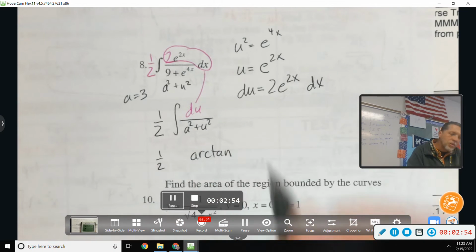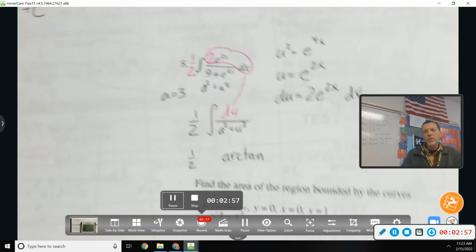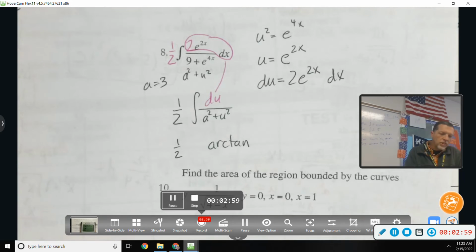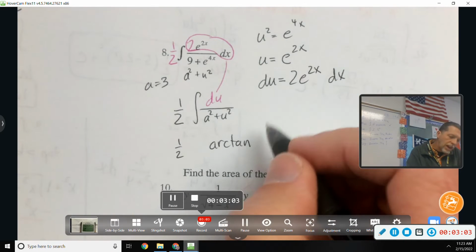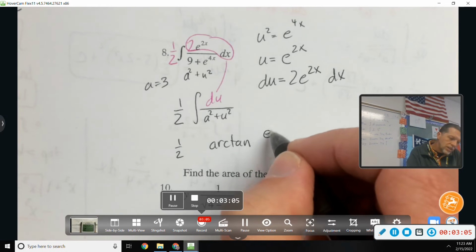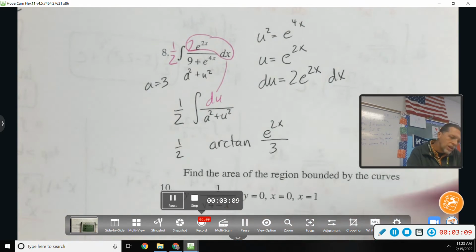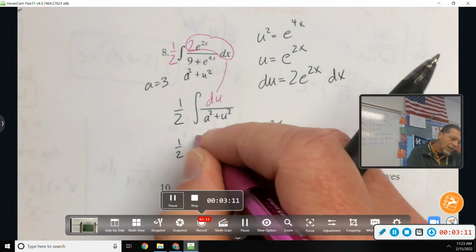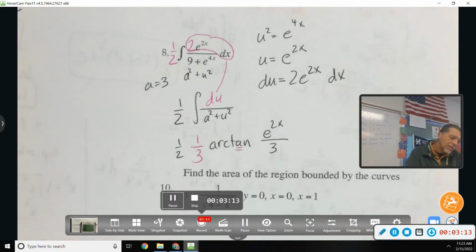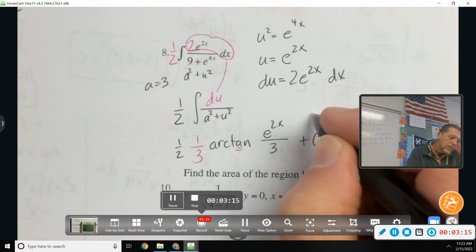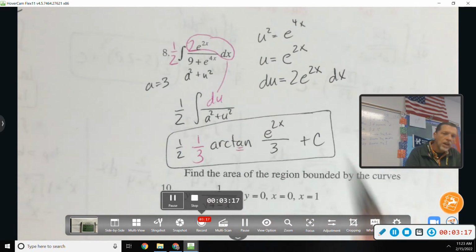Arctan is the same as inverse tangent, so I try to write it both ways just to keep us all on our toes. Of u over a, so e to the 2x over 3, and tan has the extra 1 over a out front, plus c.